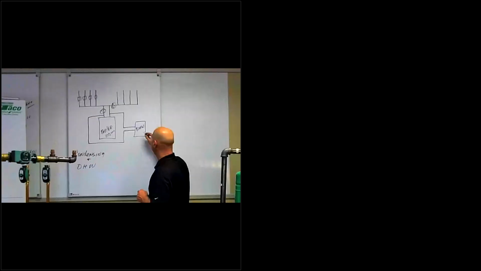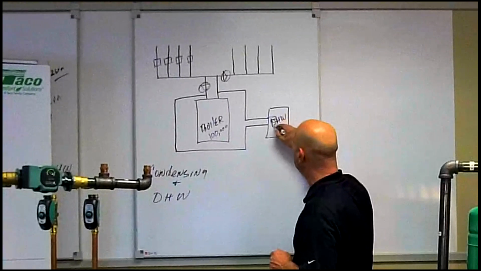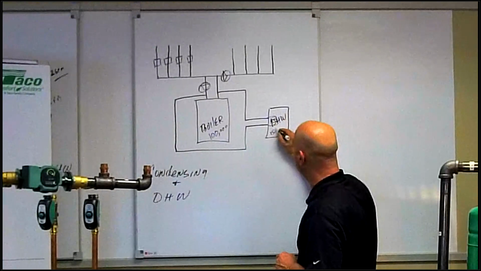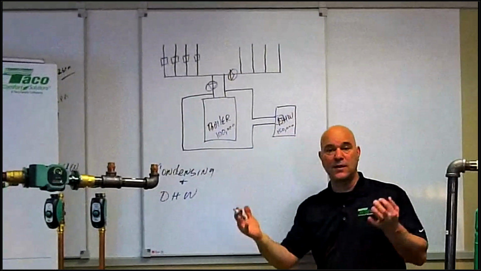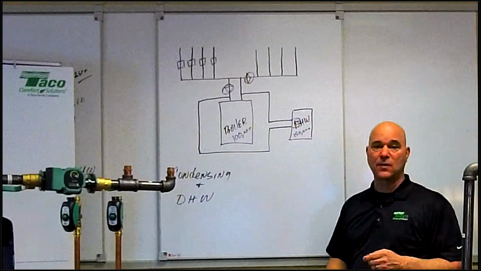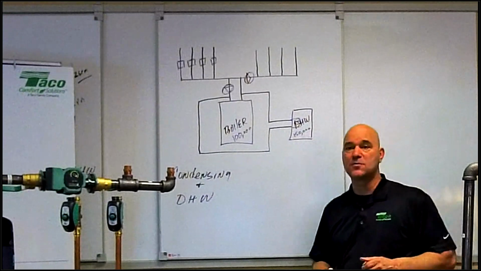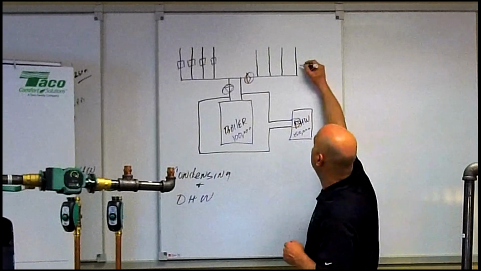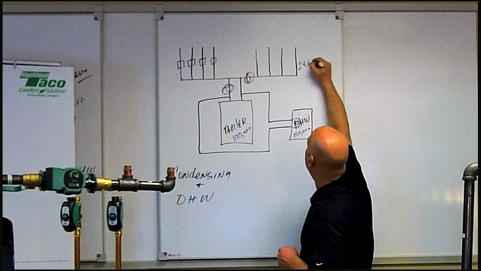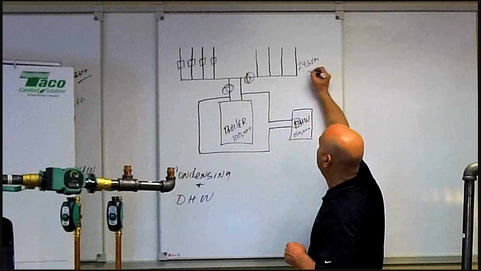The coil in this indirect has the ability to absorb 150,000 BTU. That's pretty common. Your 40, 45 gallon indirects, that's where it'll be in that range for the most part. We have 4 zones. Each zone up here is 2.4 gallons per minute of flow.